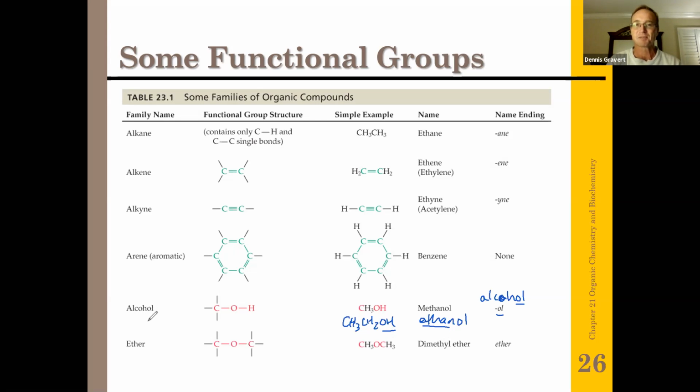That's an alcohol group. There's an ether, oxygen with single bonds to carbon. Oh, are you worried about memorizing these? The only ones you need for the final exam in general chemistry are alkane, alkene, alkyne, alcohol, and then that's all that's on this page.